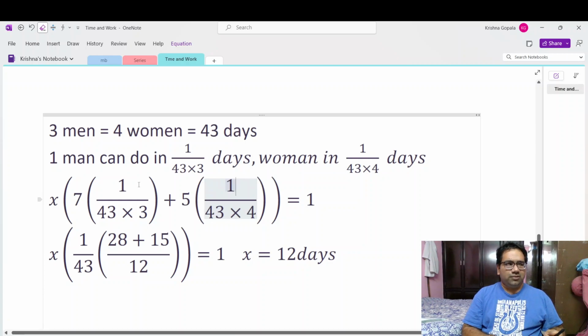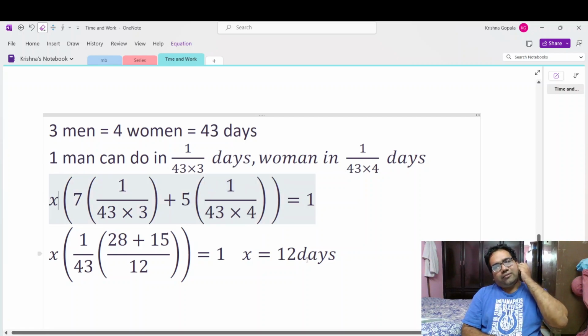Similarly, 7 men will give 7 by 43 into 3 work output on each day. So total X number of days, X into this should become 1. That's how X is 12 days. Understood this, right? This is an easy problem only.